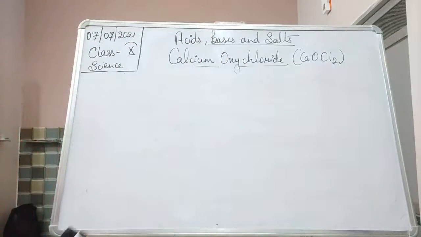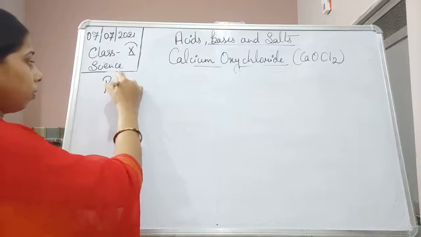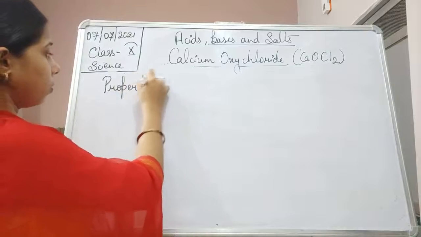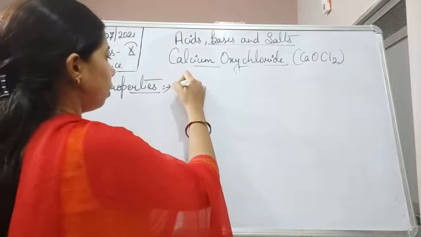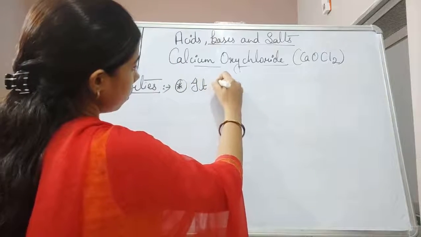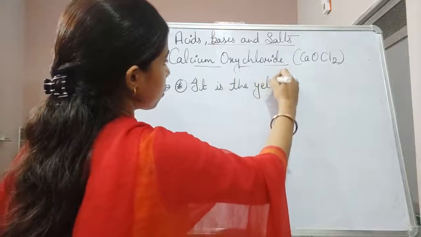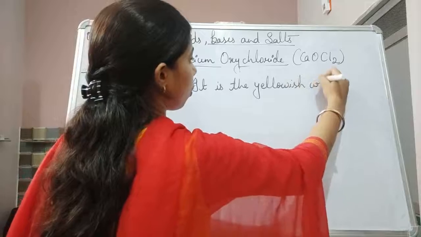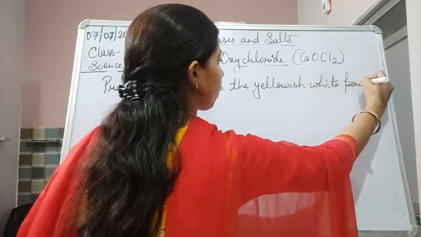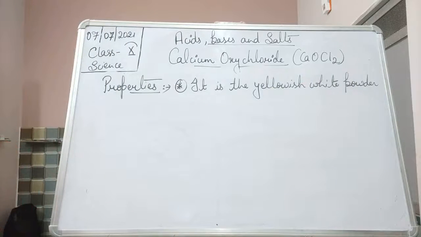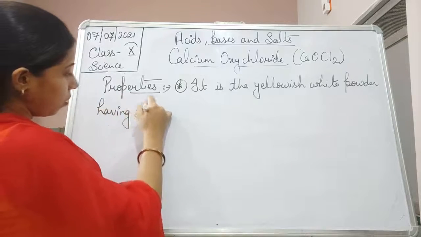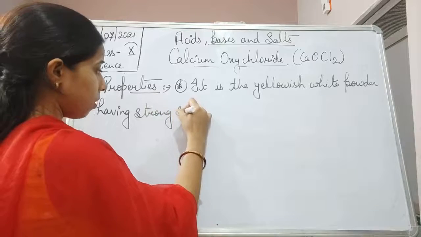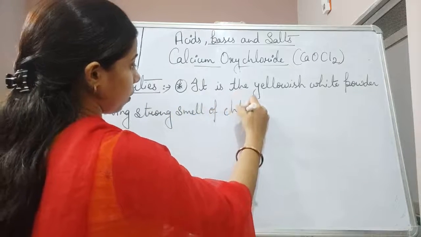So, properties. So, the first property is, students, it is a yellowish white powder having strong smell of chlorine.